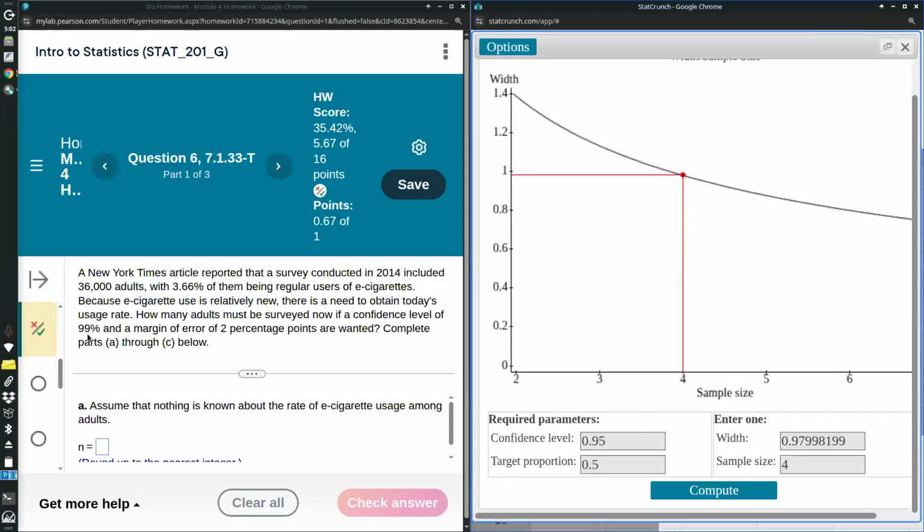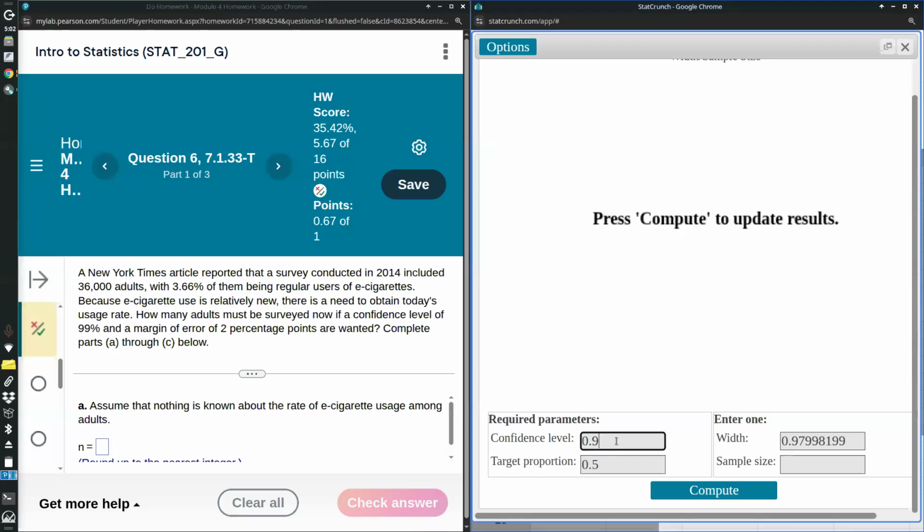Okay, so our confidence level in this problem is 0.99. So I'm going to change that to 0.99. And then the margin of error is 2 percentage points. So margin of error is on either side of your point estimate. So you always have to double it. Okay. So our margin of error, we want to change that to 0.04 instead of 0.02.